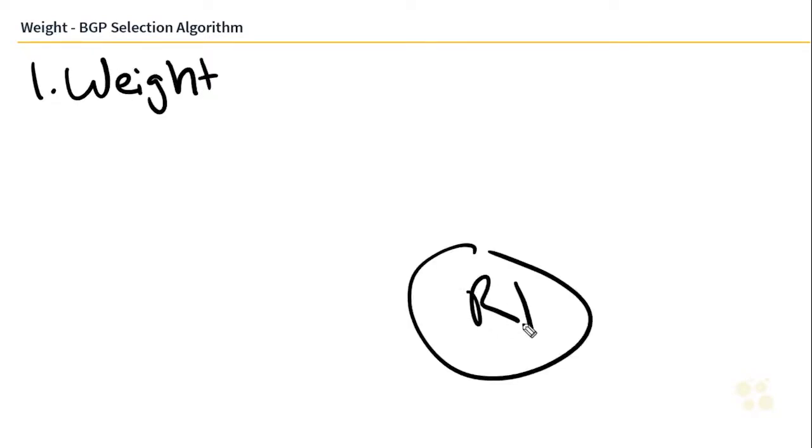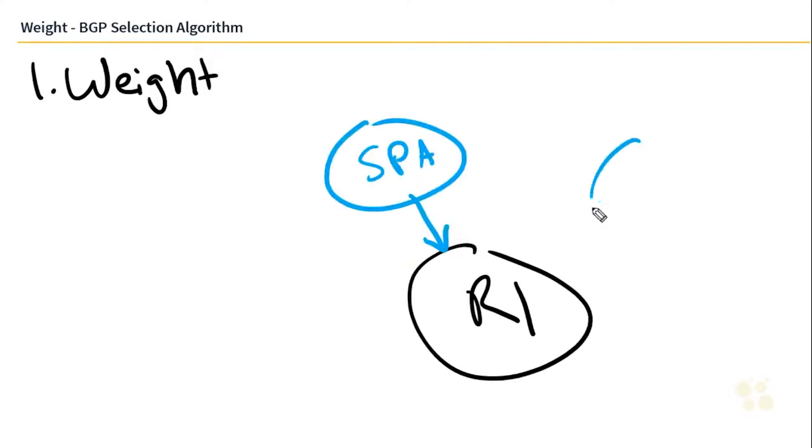So here we have our router once more. We'll put service provider A back on the map, advertising a route in. Service provider B back on the map, advertising a route in. Here's where weight comes into play. Weight can only be set directly on the router that it comes in on. We do not advertise weight to any other routers.